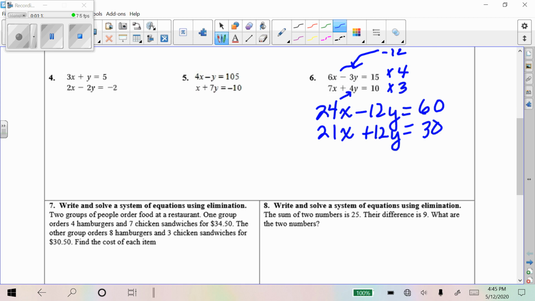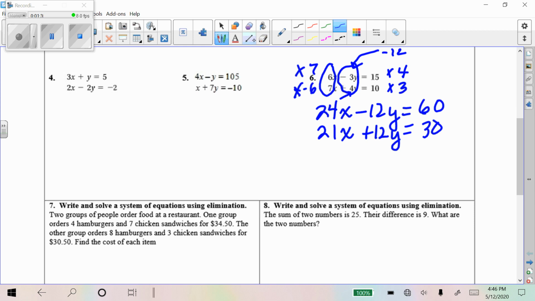Now notice that these numbers are the numbers I used. They're just opposites of each other. That will always work. We could have taken these two numbers and multiplied the top row by 7, the bottom row by negative 6, and we would have had positive 42 and negative 42.